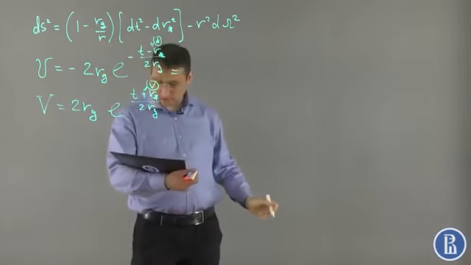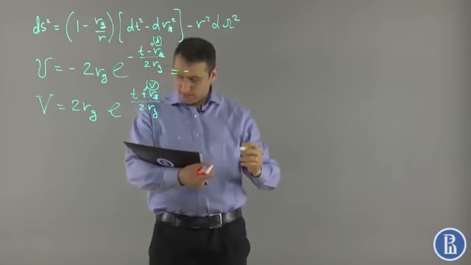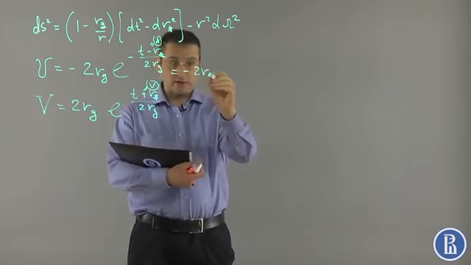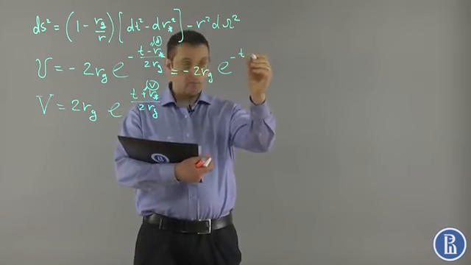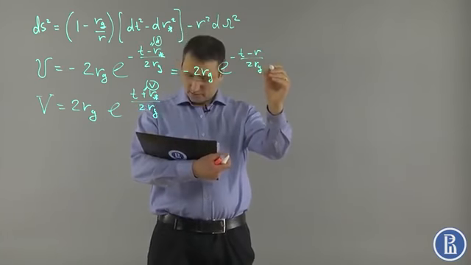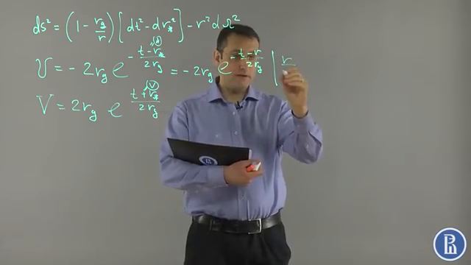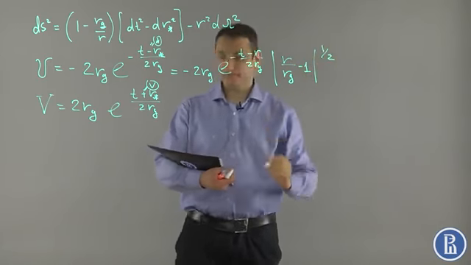So in original r coordinates, instead of r star, this coordinate transformation would look like this: U equals minus exponent of (minus t minus r) divided by 2rg multiplied by (r divided by rg minus 1) to the power one half.